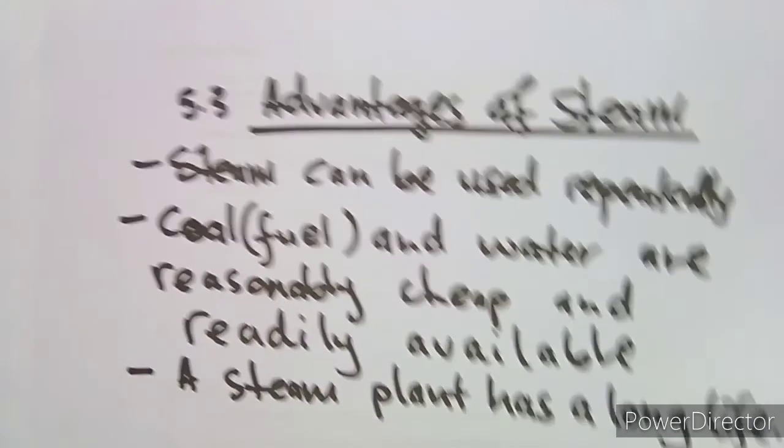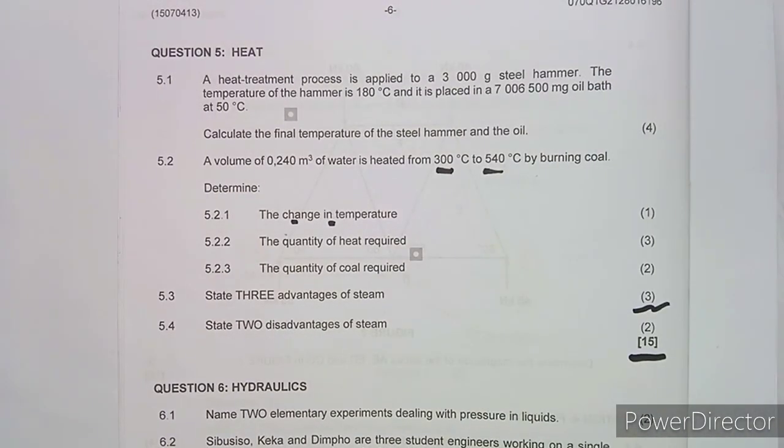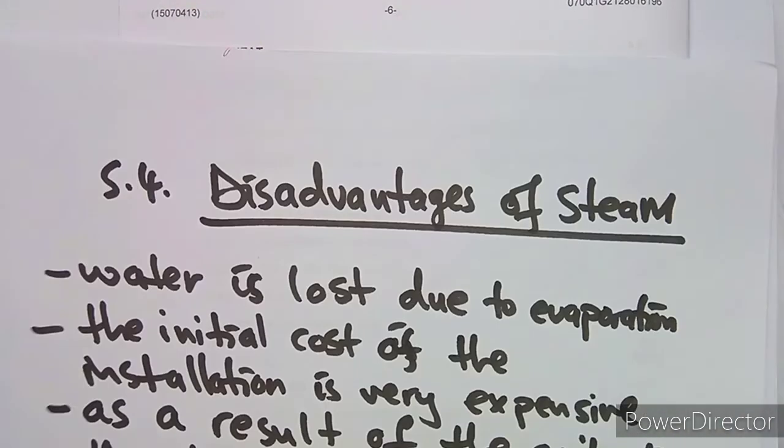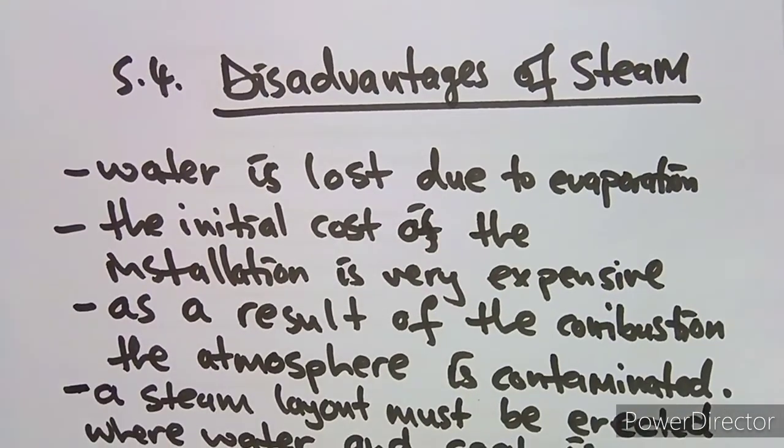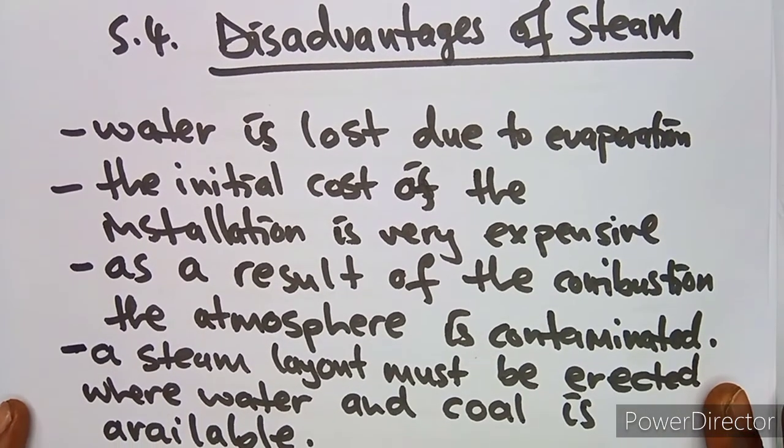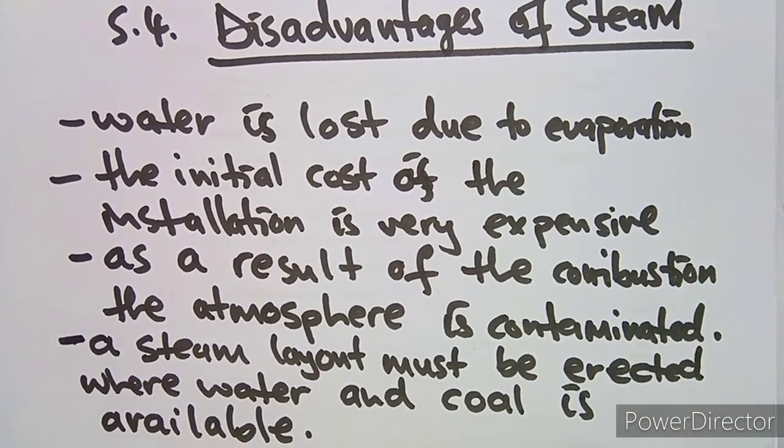That's it, guys. And we have 2 disadvantages of steam. What are the disadvantages that can affect us if we are using a steam plant? Water is lost due to evaporation. It can be a disadvantage, but still you're going to get this water back. It is lost for that moment.